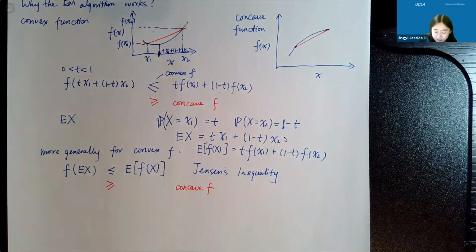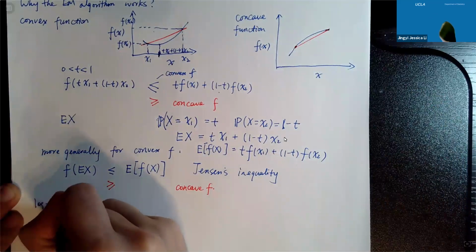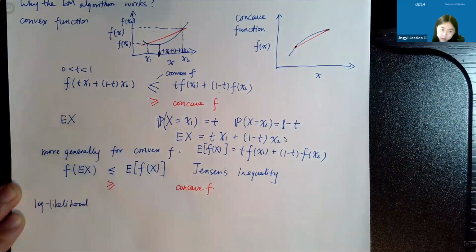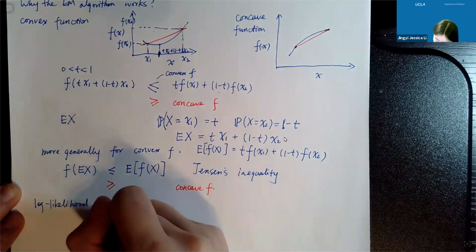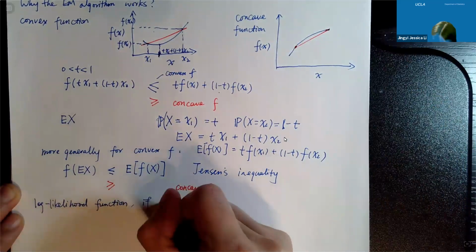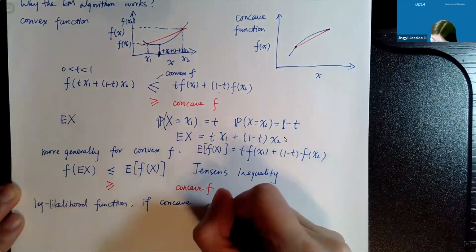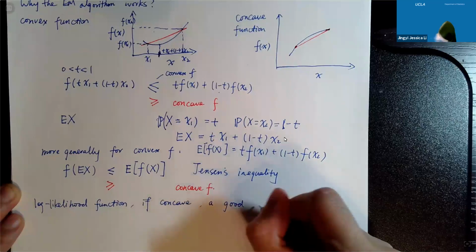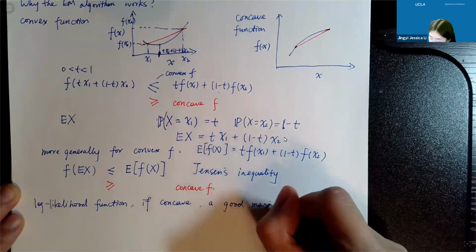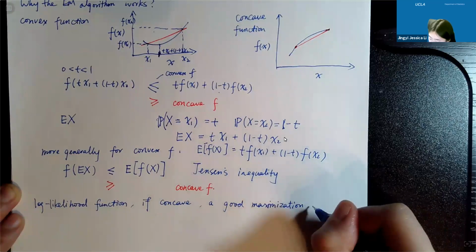But for the log likelihood function, if concave, then it's a good maximization problem. Then we can find the global maximum for the log likelihood.